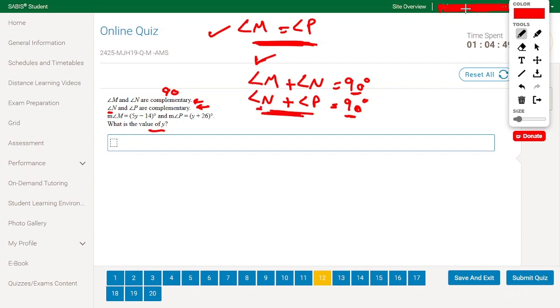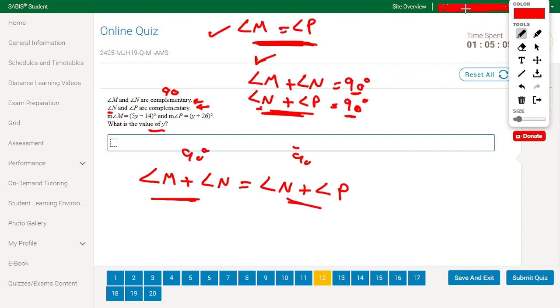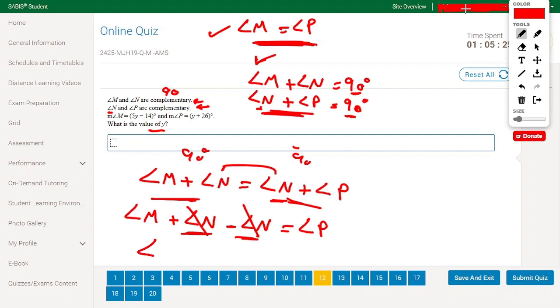That means angle M plus angle N equals angle N plus angle B. Now angle N, if I move it to the other side, will be minus angle N. So I have angle M plus angle N minus angle N equals angle B. Angle N minus angle N is 0. So at last, angle M will be equal to angle B.